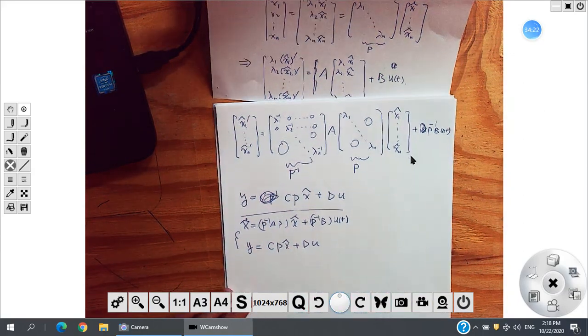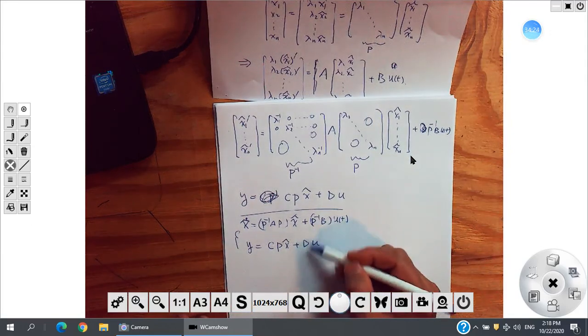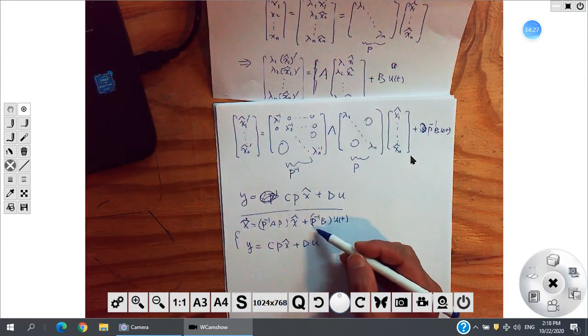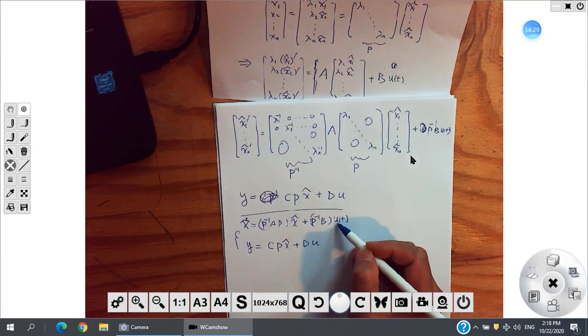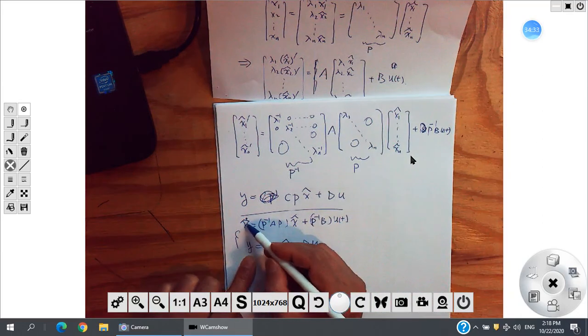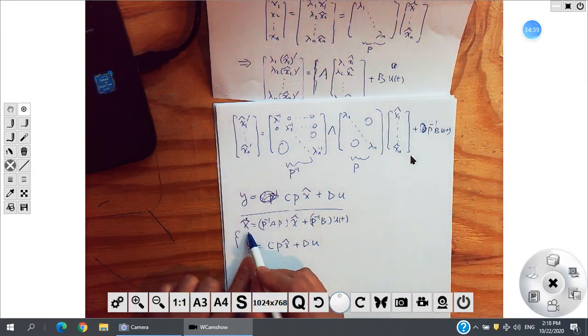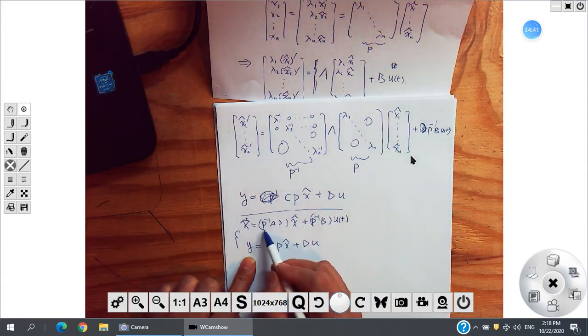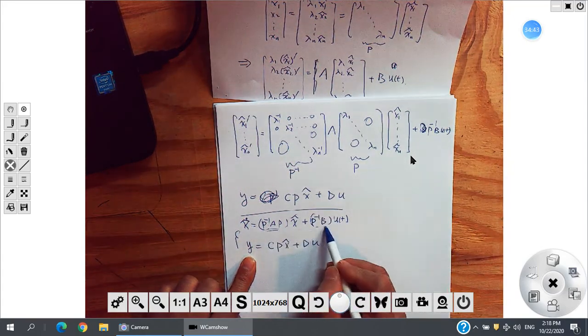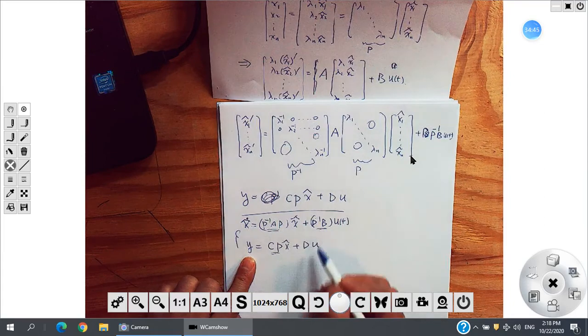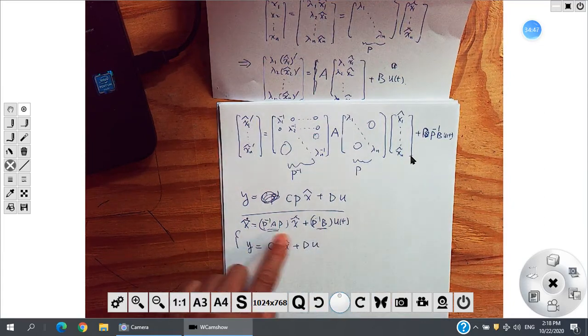Alright, so we have a new system. Not exactly a new system, the same system. For the same input, you will have the same output. But inside, you change the state variables, and then the equation looks different because the parameter matrices are changing. D is the same, but A, B, C change.